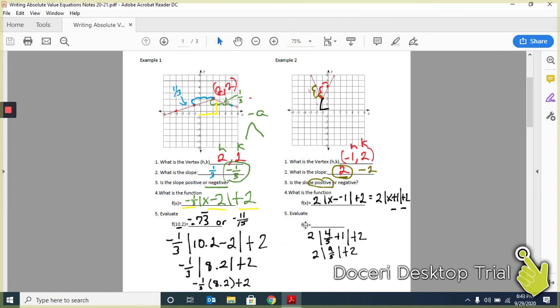So again, the absolute value of 9/5 is still 9/5, so that actually doesn't change. So again, 2 times 9/5 is 18/5 plus 2, and that's going to give me, I think it's going to be 28 over 5, but I want to make sure about that. Yeah, 28 over 5. So again, f of 4/5 becomes 28 over 5.